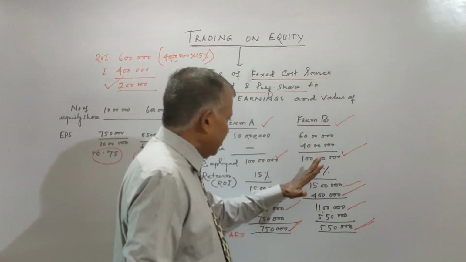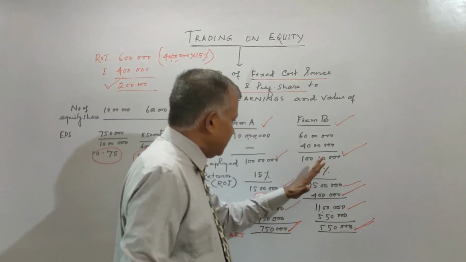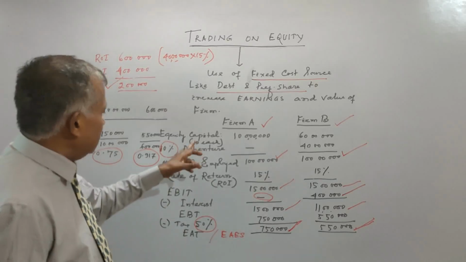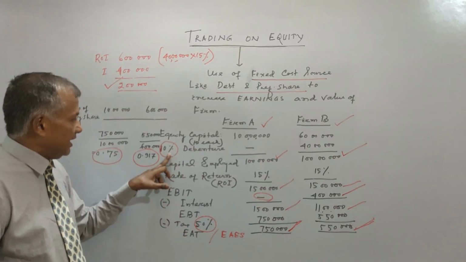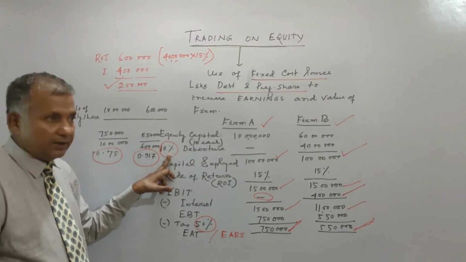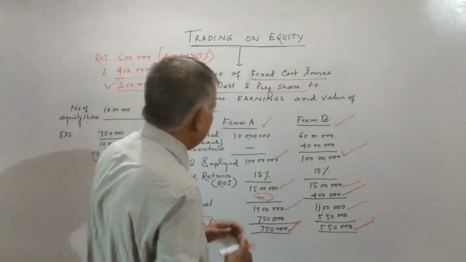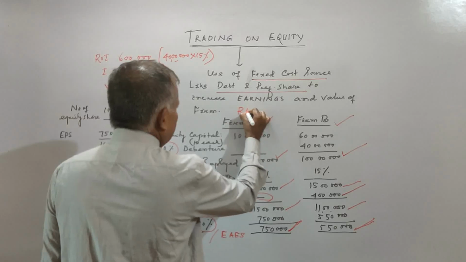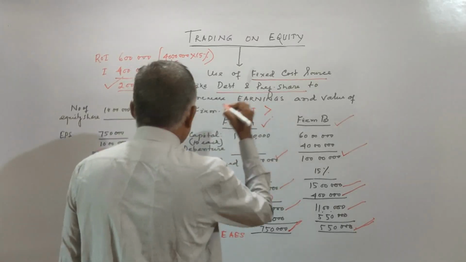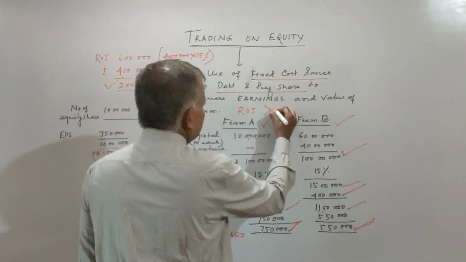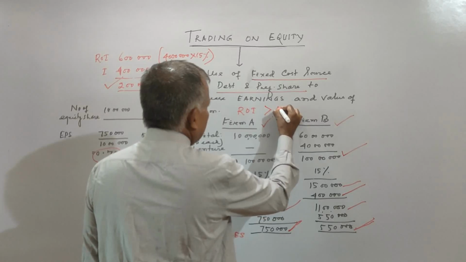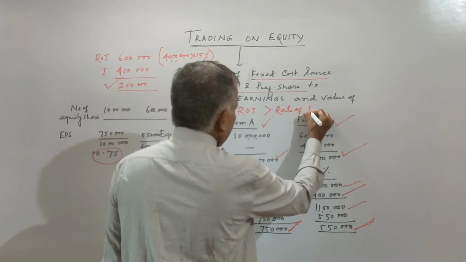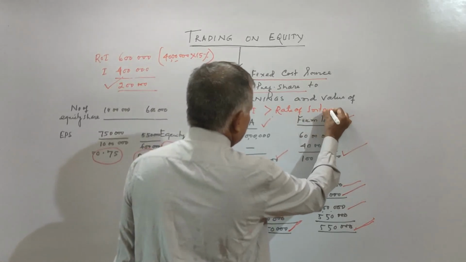Suppose a company's return on investment is not 15%, it is less than 10%, and the debt cost is 10%. Here in this particular example, your return on investment is greater than your rate of interest.